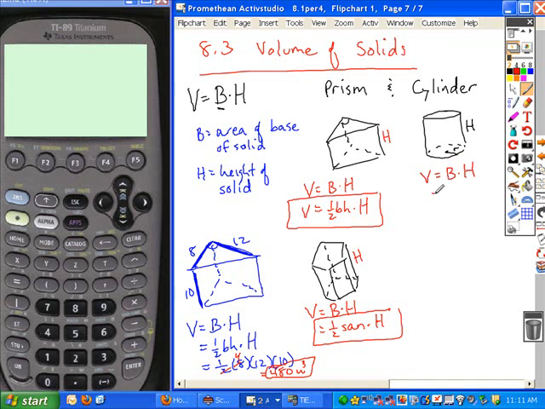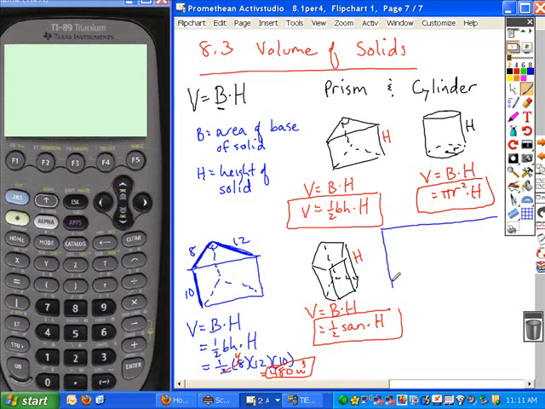But you know that the base is always a circle. So the formula pi r squared times h will always be used for a cylinder. And now, do you need to memorize this specific formula? You shouldn't. You guys should have the area formulas for all the different shapes memorized. And so the rule is just use the area formula for the base times the height of the solid, and that gives you your total volume.